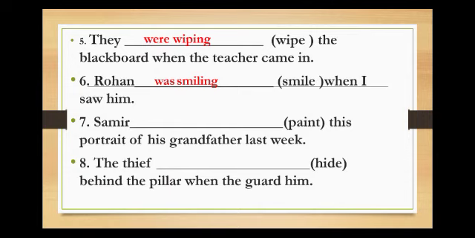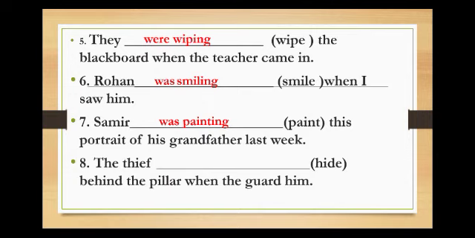Samir dash this portrait of his grandfather last week. So what was Samir doing? He was painting this portrait of his grandfather last week. The thief dash behind the pillar when the guard saw him.